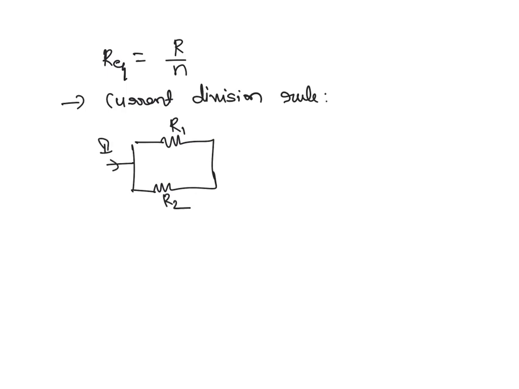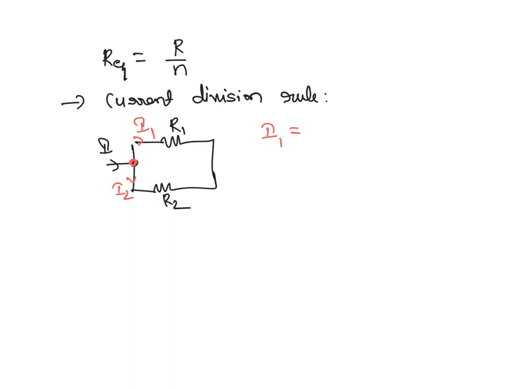The main current is I here. As the red mark is a junction connecting two different branches, there must be a division of electric current. Say this is I1 and this is I2. What is the value of I1 and I2 is the question here, and that is calculated by using the current division rule.